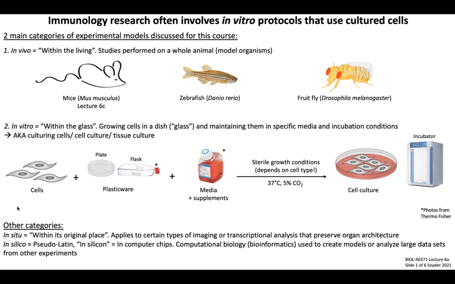And this is where scientists either create models or analyze massive data sets from in vivo, in vitro, or in situ experiments, where traditional forms of analysis would be insufficient. And this applies to things like transcriptional profiling, which is also called transcriptomics, or genome profiling, which is also called genomics. Again, we won't discuss these other categories at length in applied immunology.